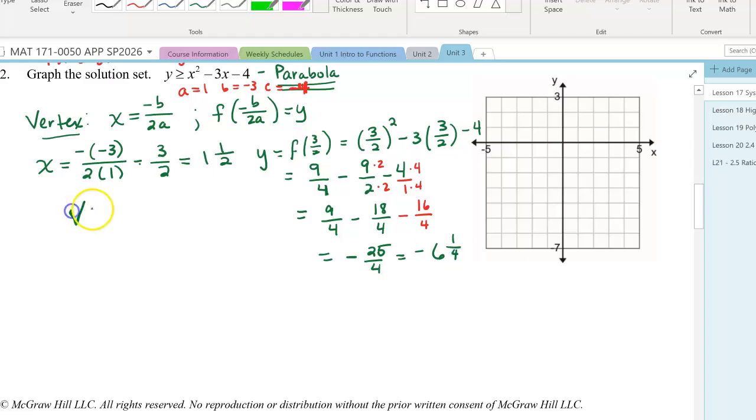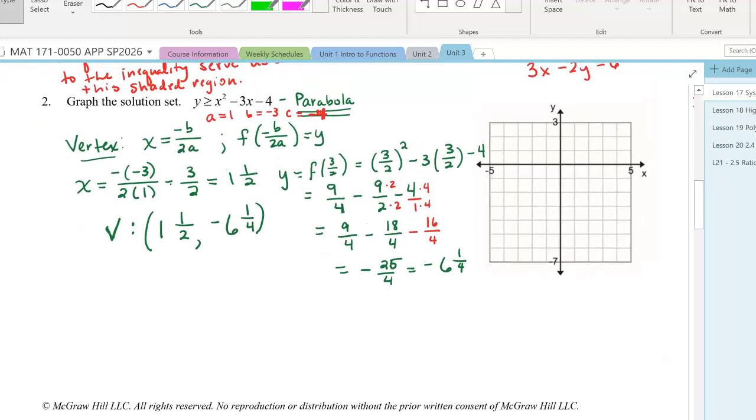So we know the vertex of the parabola. It is 1 1/2, negative 6 1/4. So what I'm doing is gathering information so I can graph the parabola. And remember, the parabola serves as a boundary for the shaded region of the graph.